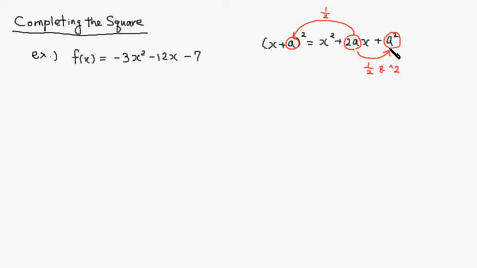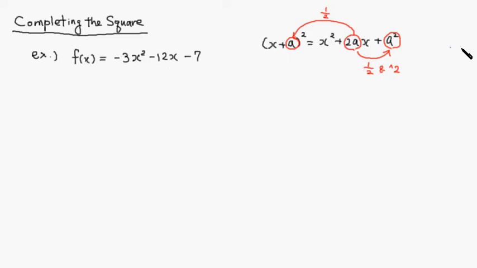The third term we need: always look at the coefficient of x, then take 1/2 of it and square it. And this number a is simply 1/2 of the coefficient of x.